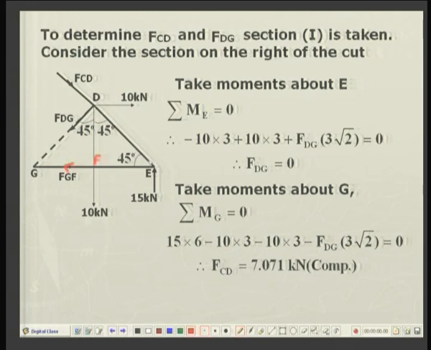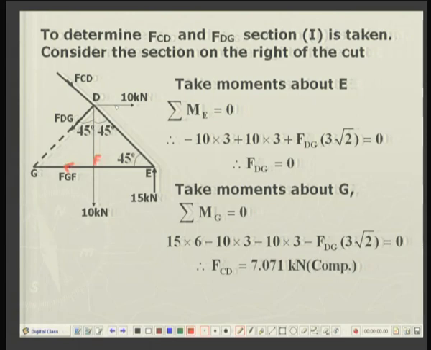So, if I take moments about point E, the moment of these two forces, and also this 15 kilonewton force, these three forces will have 0 moment over here. So, only the moment which will be produced by FDG and a known 10 kilonewton force over here. So, it means I can easily find out the unknown force FDG in just one step. That is by taking moments about point E, which should be equal to 0.